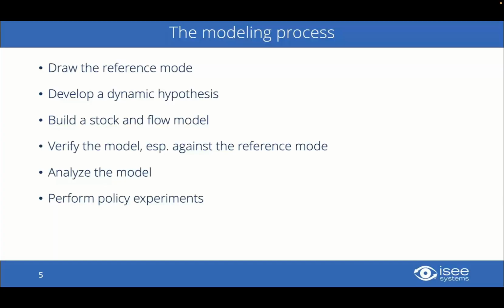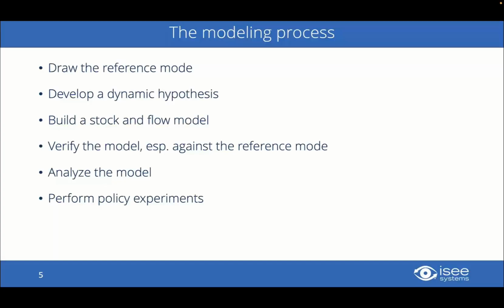So in the modeling process, we start with the reference mode. What's the problematic behavior we're trying to solve? From there, we move into a process where we develop a dynamic hypothesis, some causal explanation that might explain why we see the problem. From there, oftentimes, we move into building stock and flow models that quantify that dynamic hypothesis.